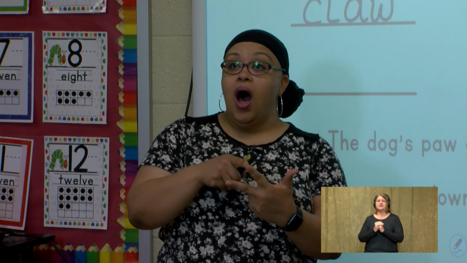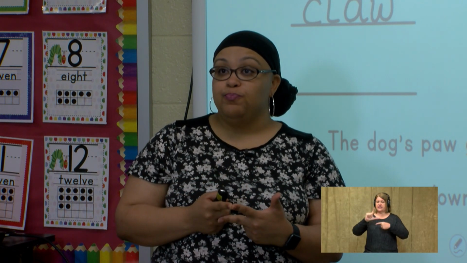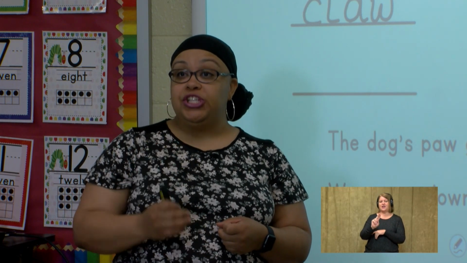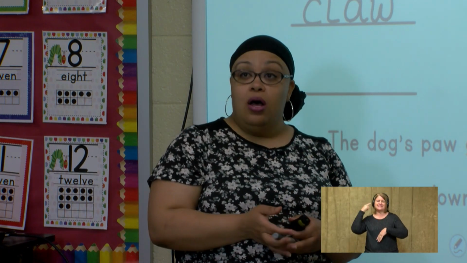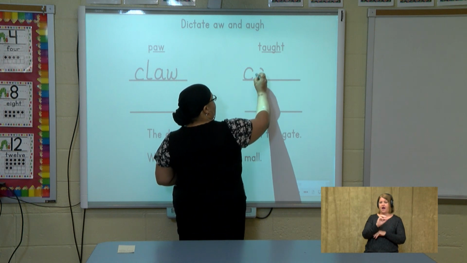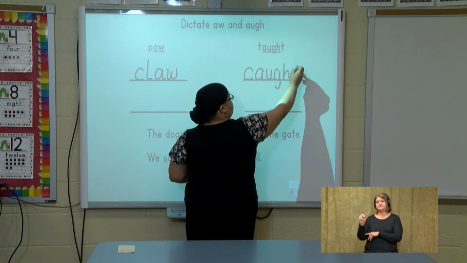So what letters are we going to write in for the middle? That's right, we're going to write the letters A-U-G-H. Let's write the sounds that we hear in caught. Ready? Go. K, ah, t.